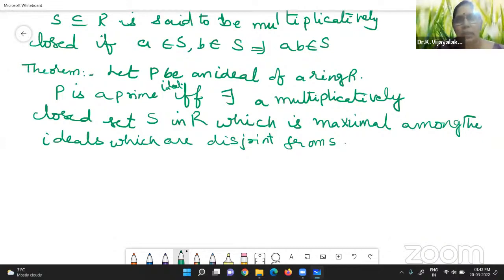Two sets are disjoint if they have no element in common.